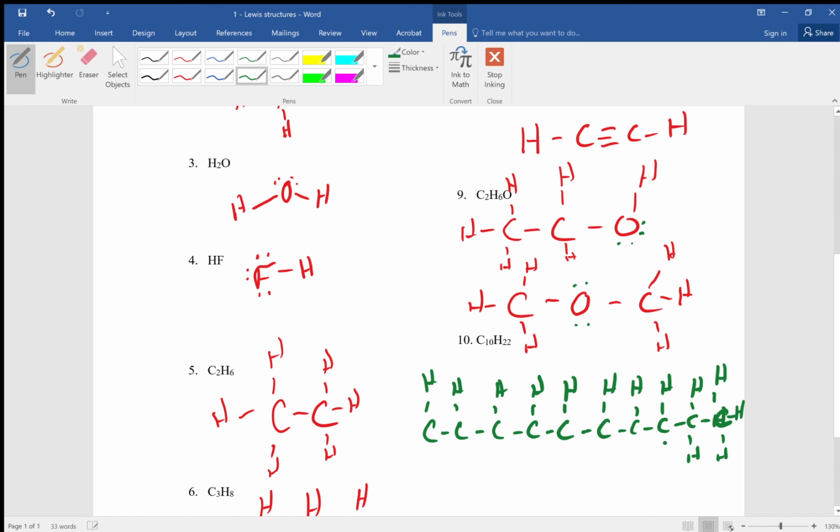And I went for sort of the most basic molecule we could draw, which is just a straight line of carbons. But you could have drawn these carbons in any arrangement, any connectivity that you wanted. And as long as you had 10 carbons and 22 hydrogens and none of your carbons exceeded 4 bonds, that would have been fine.